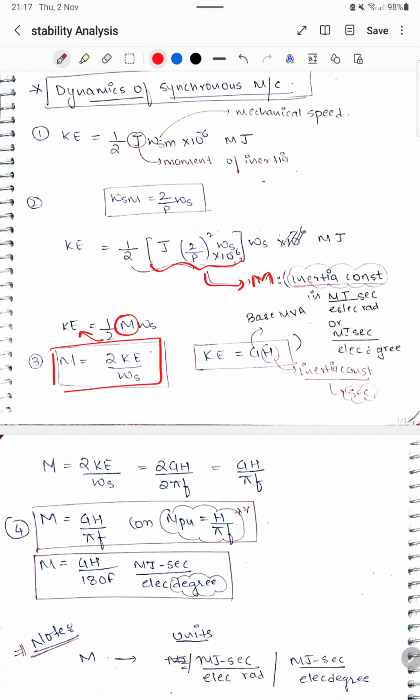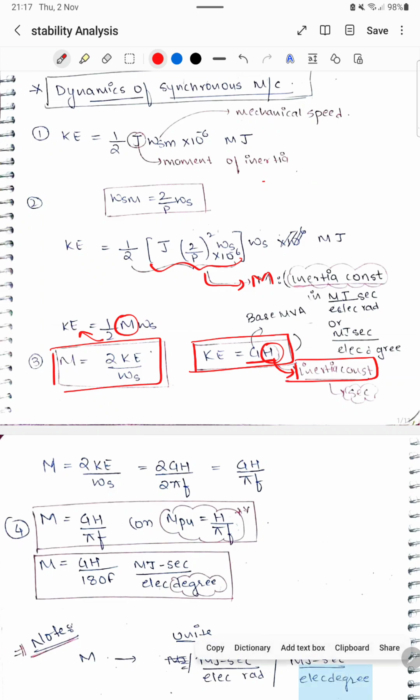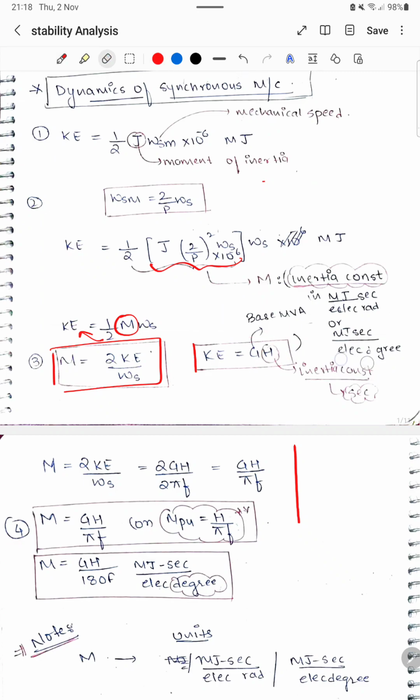Now there is one more formula for KE, which is G into H, where H is again an inertia constant, and G is the base MVA. As I already said, there are two inertia constants, one is M, one is H. How do we get to know which inertia constant is given? Suppose M is given.